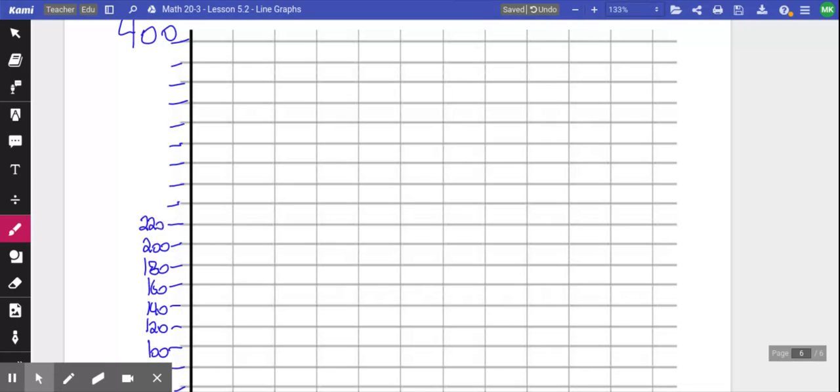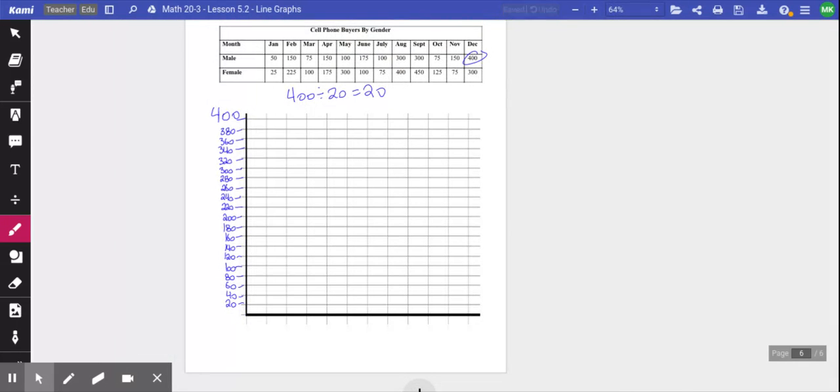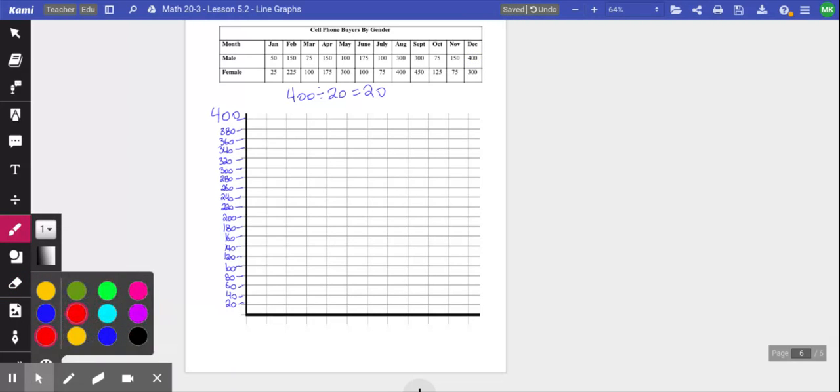So 220, 240, 260, 280, 300, 320, 340, 360, 380, 400. All right, so if you're not sure what to count by, figure out the highest number, then divide by the number of spots that you have, and it'll tell you what to count by. In this case, we wanted to count by 20s because that's what we got right here.